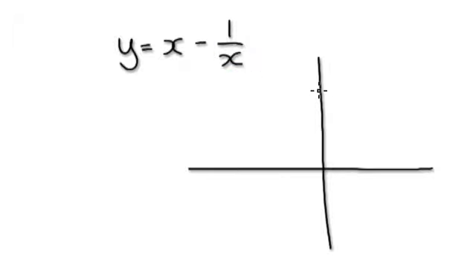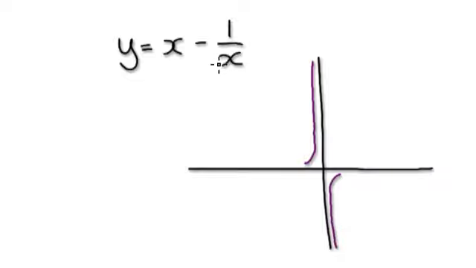Okay, but it's a negative 1 over x, so it will look like this. And remember, I don't want to extend all the way to the left because we are only investigating when x is small, so it's around the 0 mark.